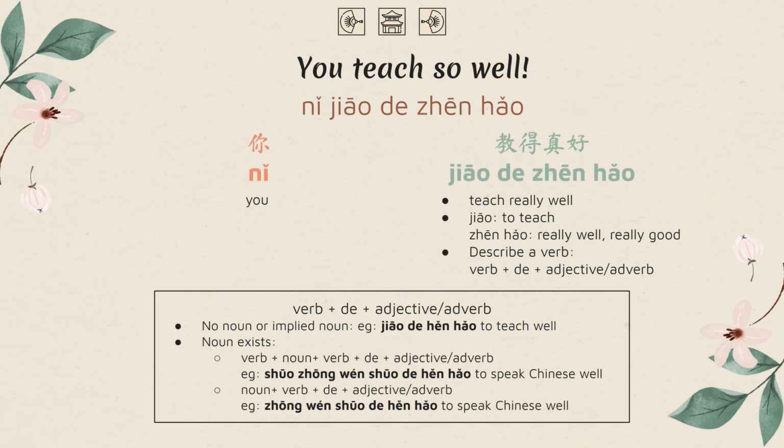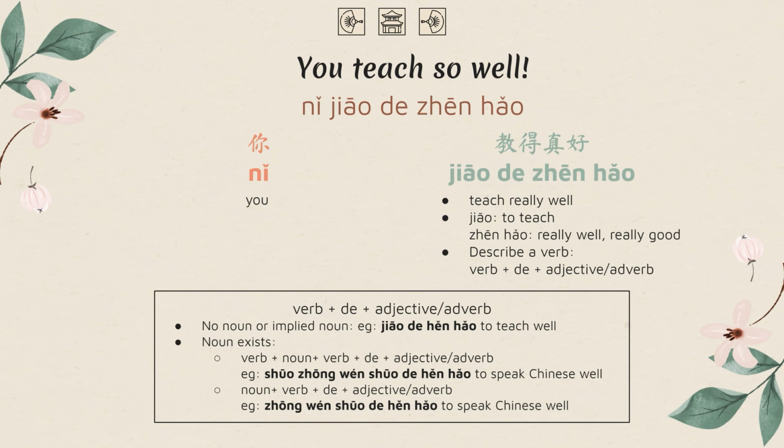And then 说 is the verb here, that's why it shows up twice. If that sounds redundant to you, there's another way. Basically, you can drop the first verb and just flip the noun and the verb. Instead of 说中文, you just say 中文说得很好.